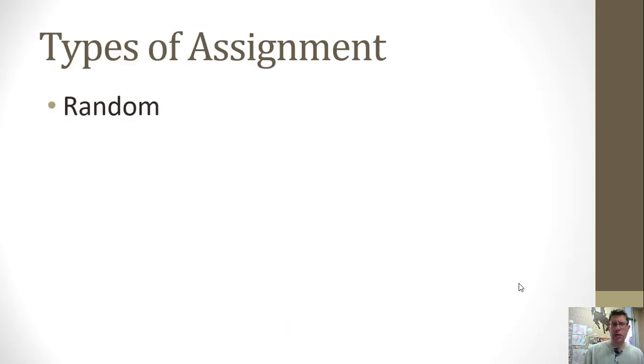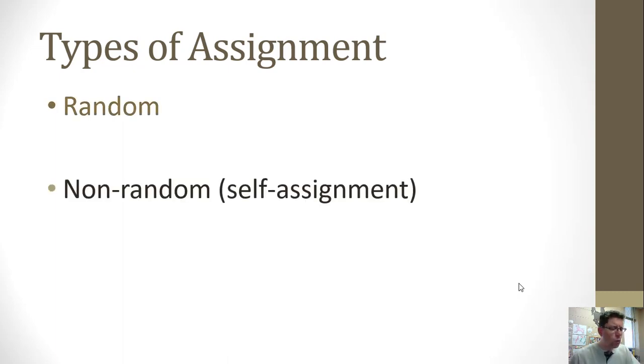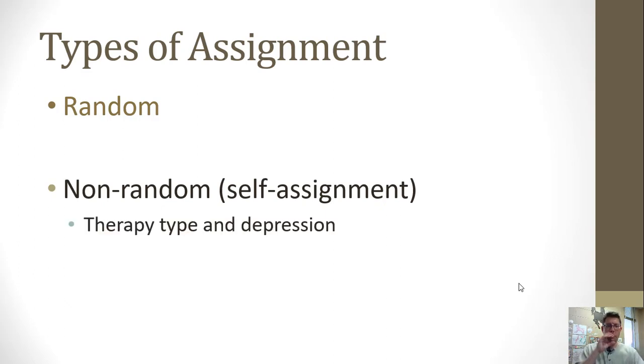All right, random assignment, once again, is important for internal validity. You will sometimes see non-random assignment or self-assignment. So it might be, if we want to run a study comparing cognitive therapy to some humanistic therapy in the treatment of depression, and we go through the IRB, and the IRB says, well, you think cognitive therapy is going to work much better than humanistic in the treatment of depression.